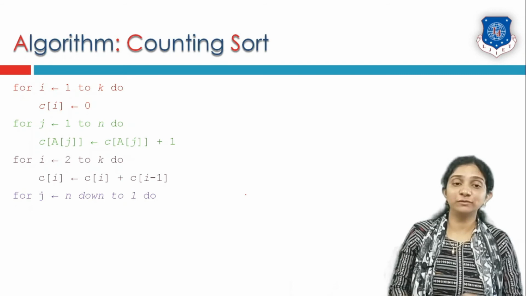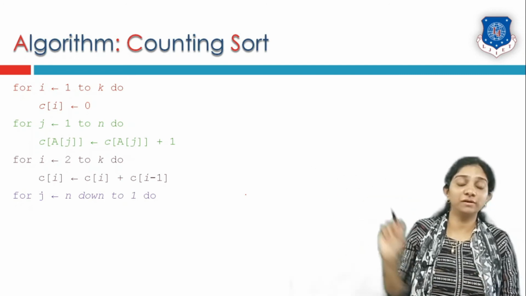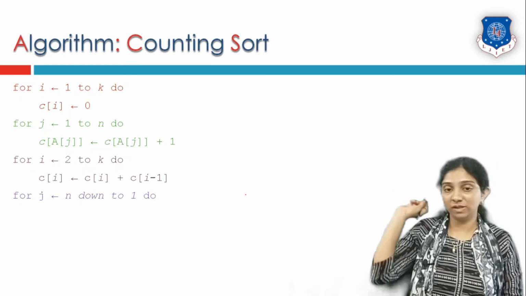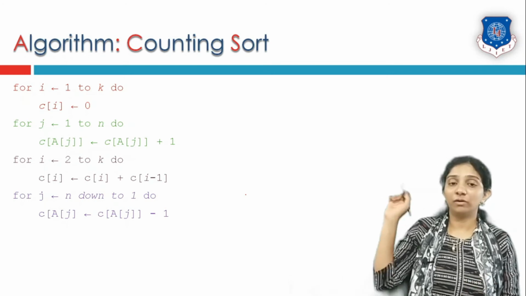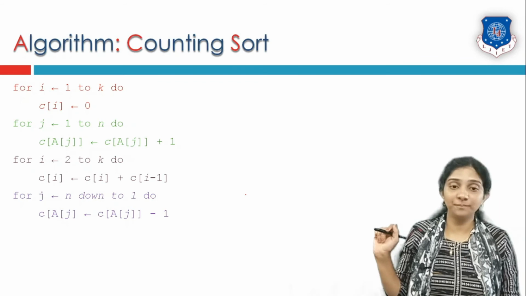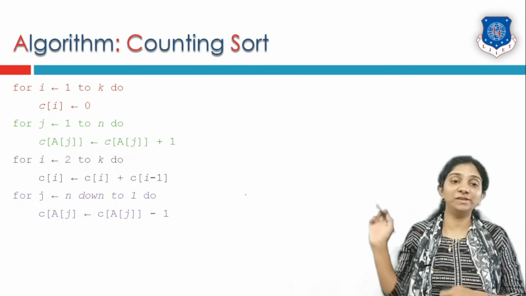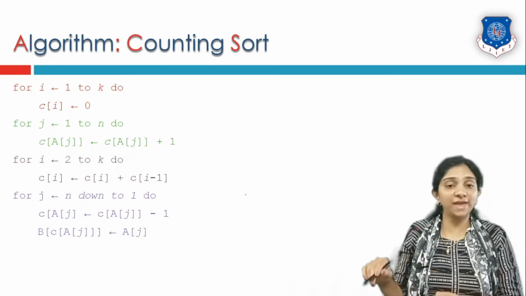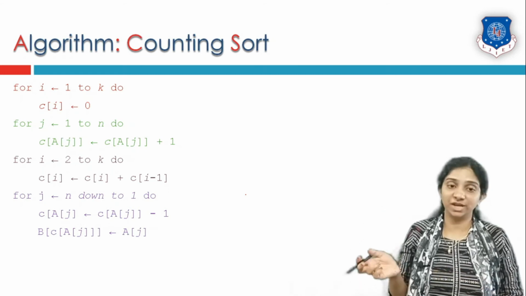Then we have to traverse our input array backwards from the nth location to the first location. So from n down to 1, that means in reverse, the count of that index must first get decremented by 1. That means C of A of j minus 1 will be stored at C of A of j, and B of C of A of j is the element itself, that is A of j.